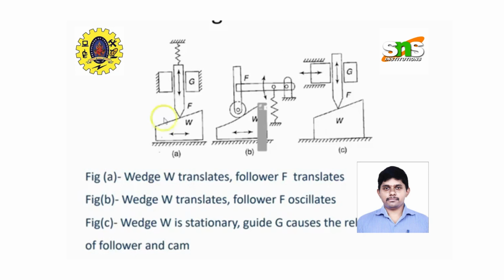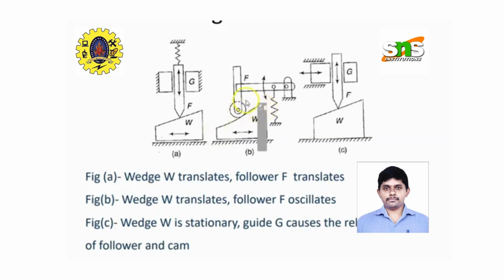When the cam makes a movement, either in the positive direction or in the negative direction, the follower rises up and moves down. So that is the main purpose of using the wedge shaped cam.